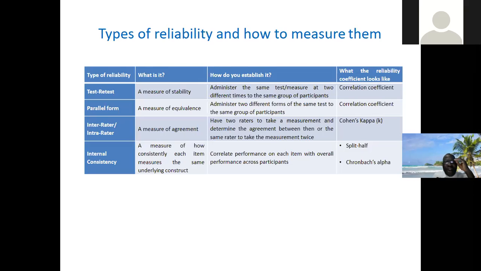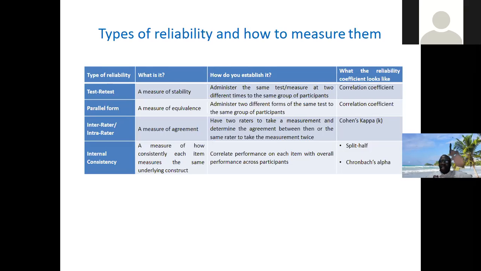Then a measure of how consistently each item measures the same underlying construct, which is internal consistency. So the commonest one we use is Cronbach alpha. And the reason is very simple. The split half is an example. You have different examples. For split half, what they do is to divide. If they have 20 items, you just at random select 10 and put 10 on the other side. You now see the score on those.